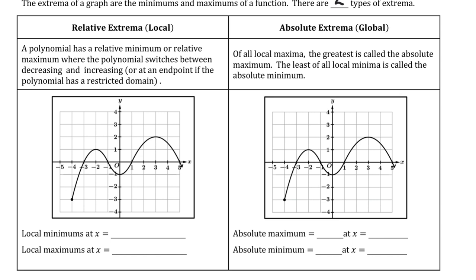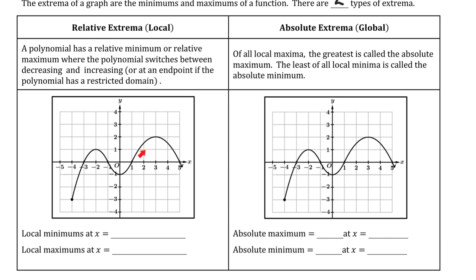Notice in our two boxes here it says extrema. That is just a plural, meaning there could be more than one. So we have relative extrema, which are the local pieces. If you wanted to, you could say this piece right here is a high piece, right? So in this little section, that would be a local maximum.